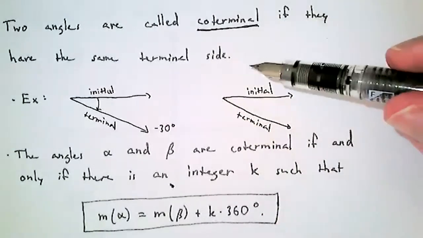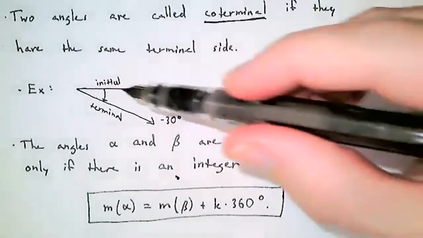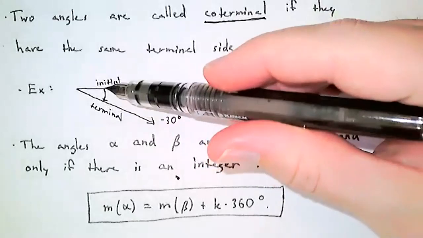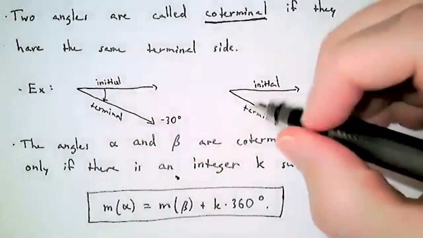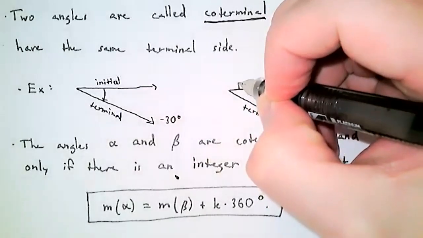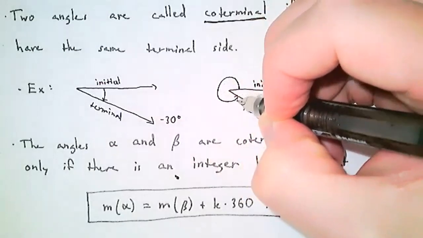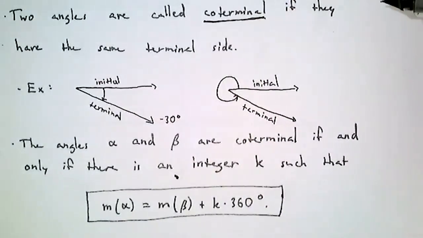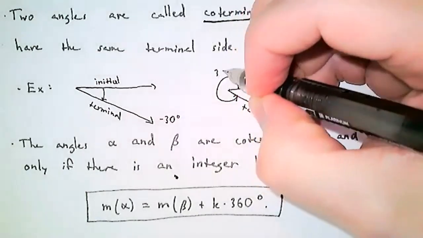But I want to think about this as a different angle. So instead of going down in the opposite clockwise direction, I want to go in the old direction, the counterclockwise way, the long way around, like this. So if I go this way around the circle, this is actually going to be 330 degrees.